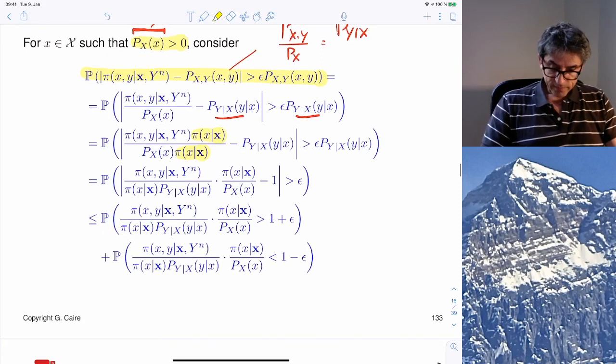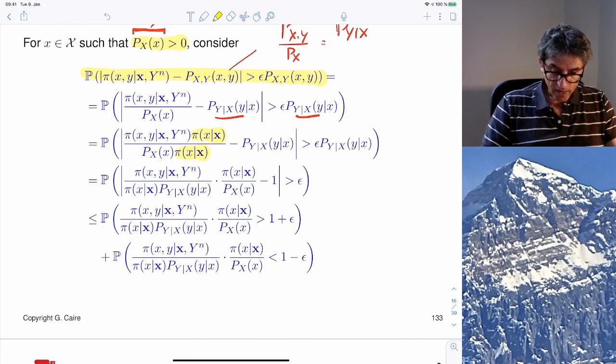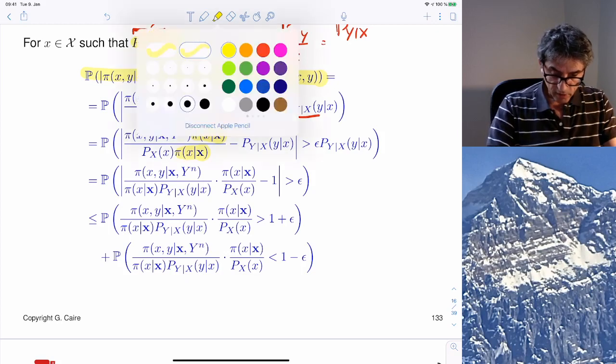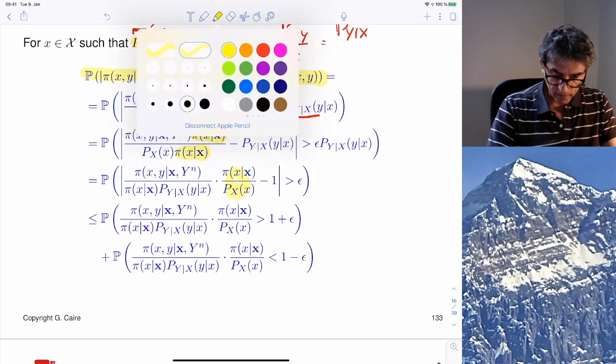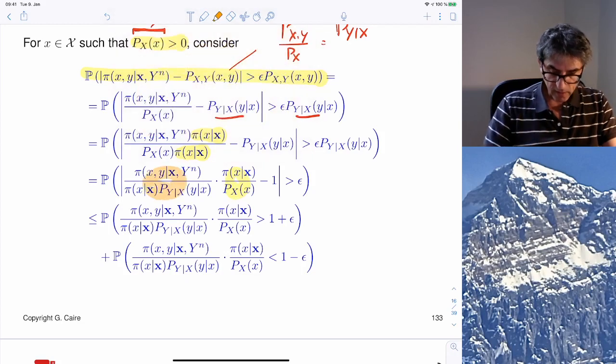And then we collect the terms in this way. This is just rearranging the terms, so we can collect these two terms here, and then these two terms here. This is just rearranging the terms in this product, and dividing everything by the conditional probability of y given x.